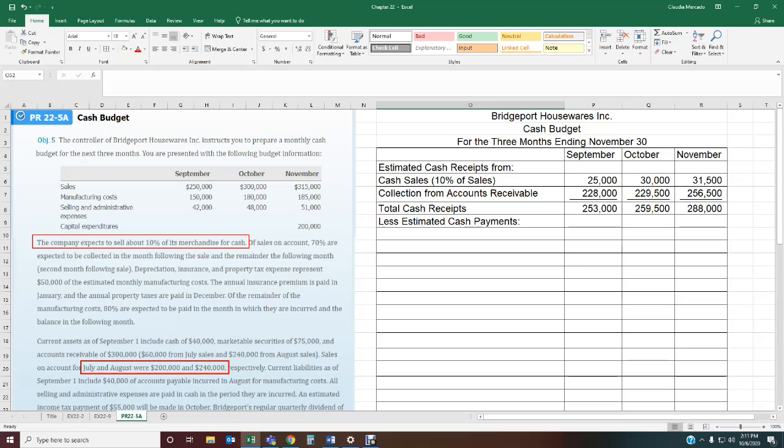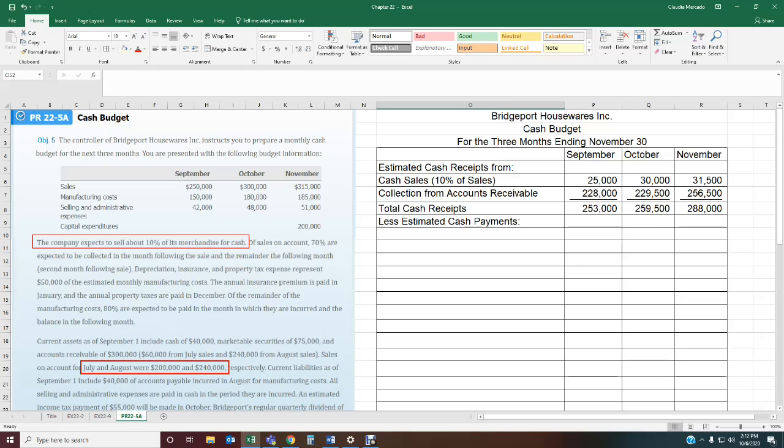Then they tell you when you're going to pay your insurance, which is in January, and your property taxes in December. That really doesn't apply because those 2 months are not any of the 3 months that we're analyzing. So those would be monies paid in January or in December.